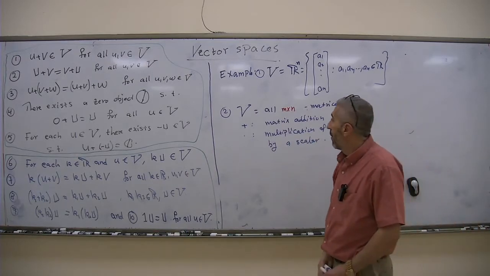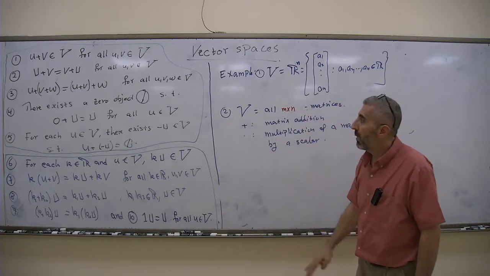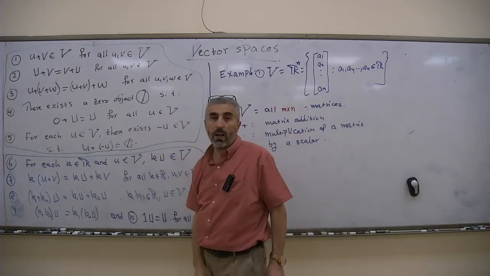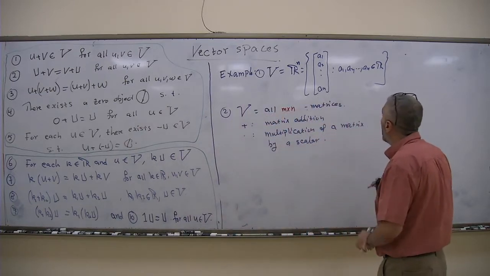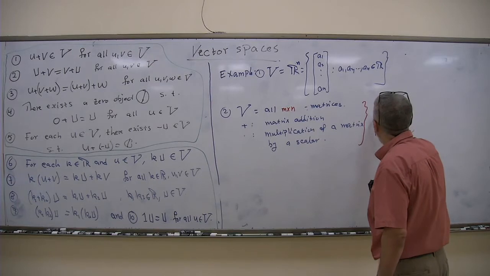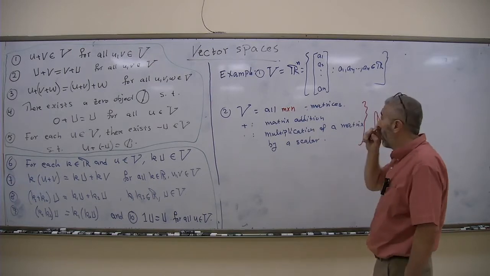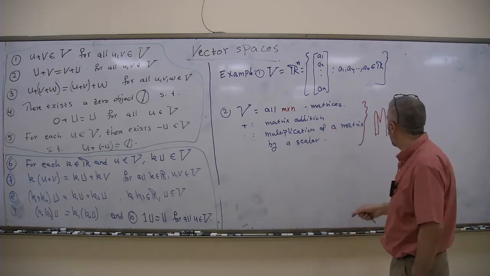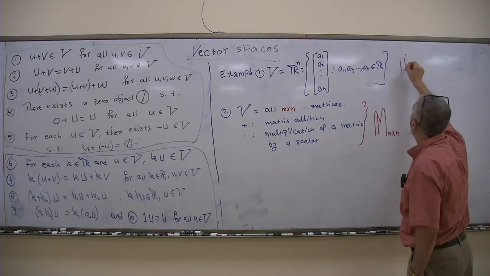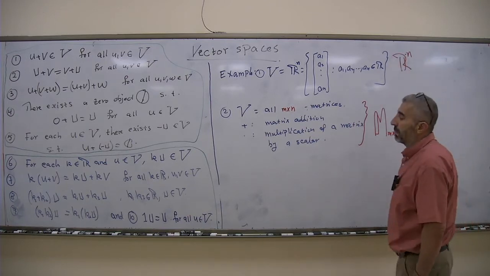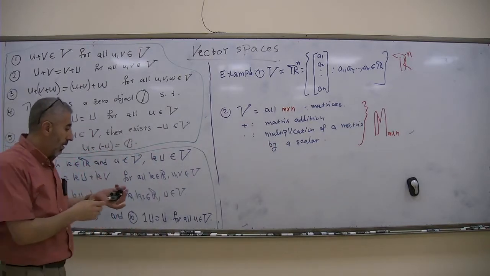Okay? The zero matrix will be the zero matrix of size m by n. But everything is valid. So here you have another family of examples. We call this family M m by n. So from now on, when we talk about this family of vector spaces, we use M m by n, and for the other family we use Rn. Okay? All right. Example 3.